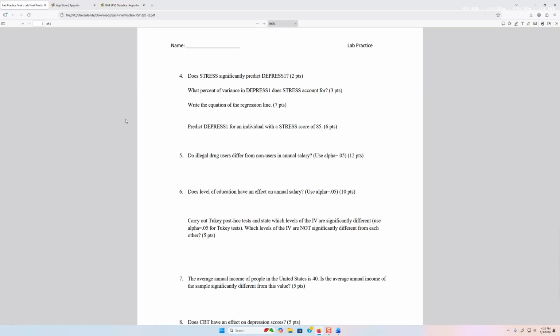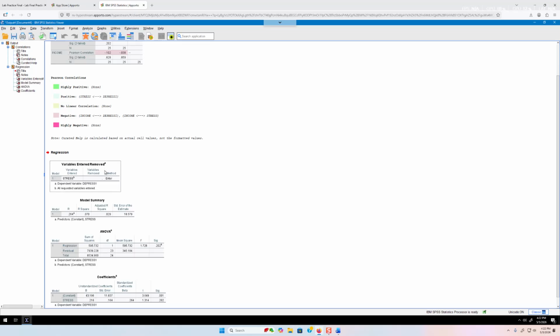The question asks what percent of variance stress accounts for. If we multiply by 100, it's 7%. So stress only accounts for 7% of the variance in depression, which is not a lot. That means 93% of the variance is unexplained.